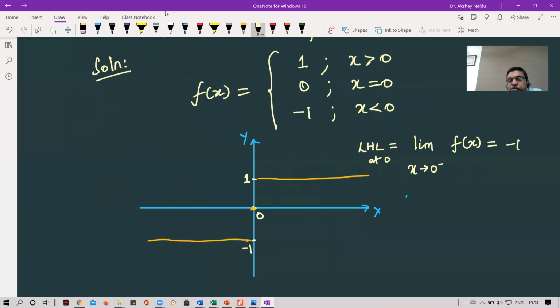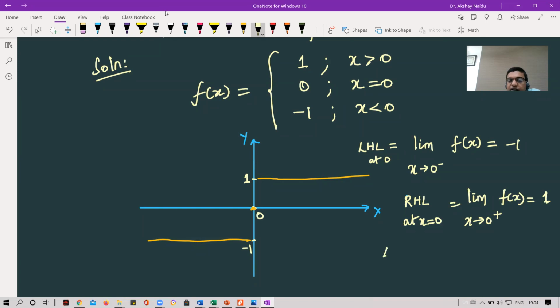All right, so the left hand limit is minus 1. The right hand limit at x equal to 0 is limit x tending to 0 plus f of x. What will this be? Just to the right of 0, the function value is plus 1.